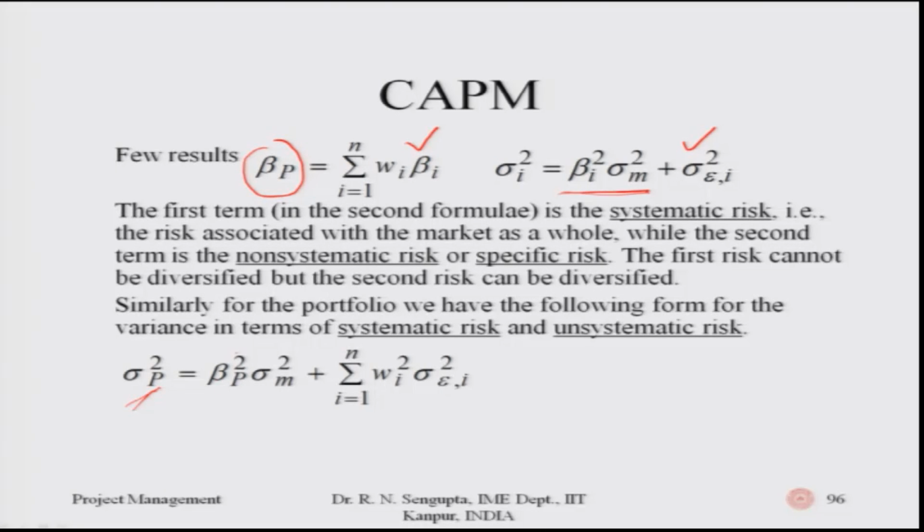This can be obtained from here. So, this is the formula which is given, plus the white noise or non-systematic risk for each asset or project, multiplied by the square of the total quantum of investment you are making in that particular project.